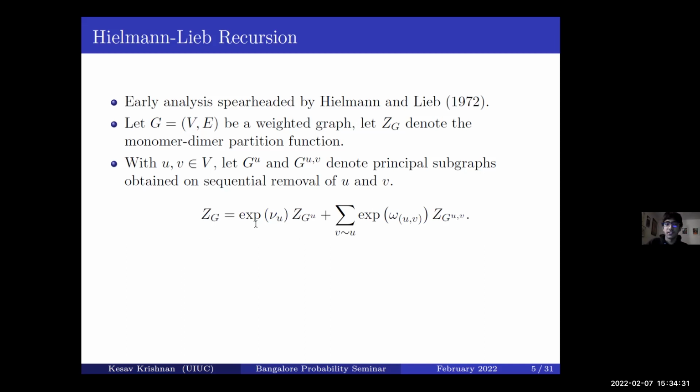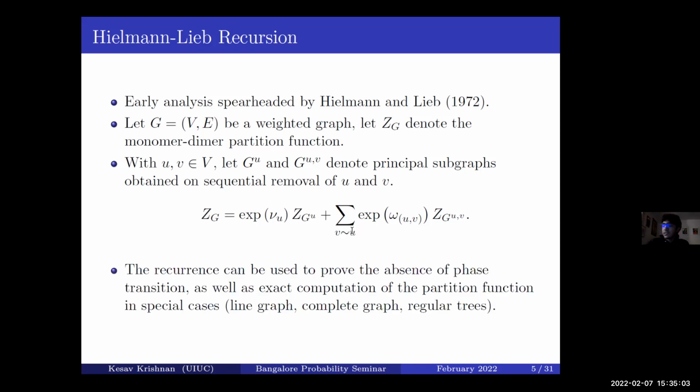The first term is the partition function associated to G with the vertex removed, times the weight contributed by the vertex U. This is the weight contributed by all matchings that have the vertex U as an unpaired vertex, plus the collection of all matchings where U is a paired vertex, and you sum over all the edges that U can be paired to.